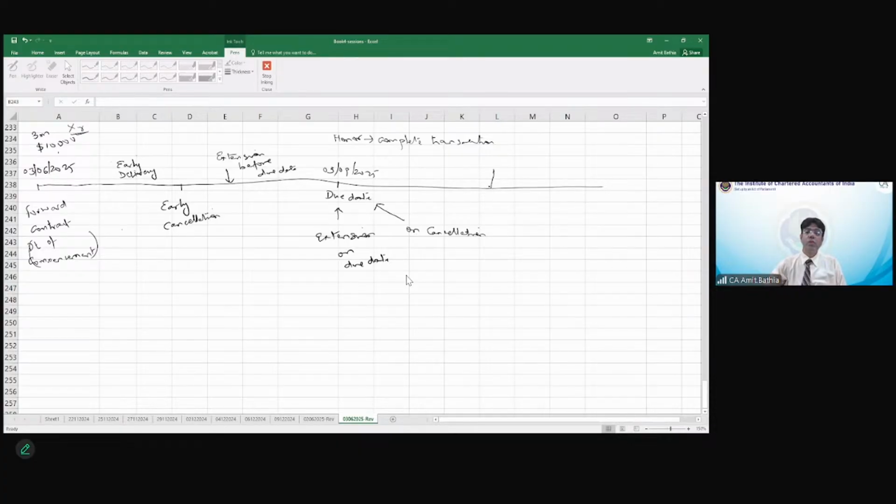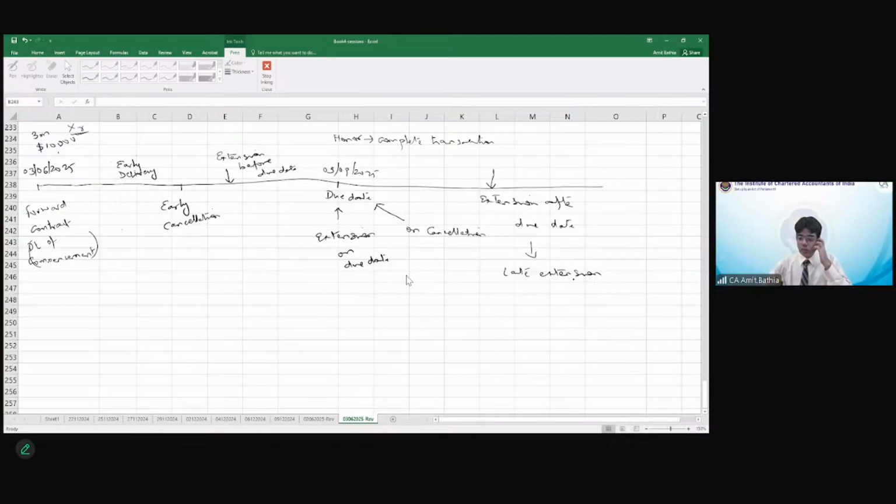So you're reaching out to the bank for extension after due date. Which is also known in our subject as late extension, right?